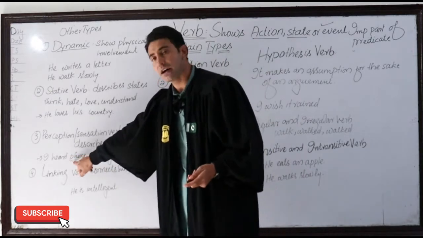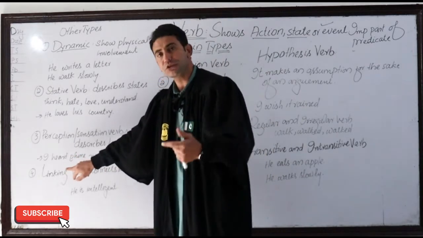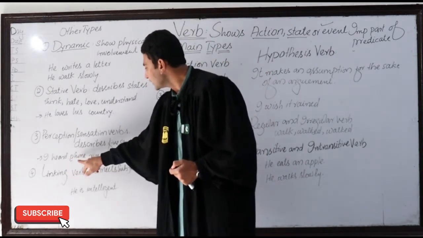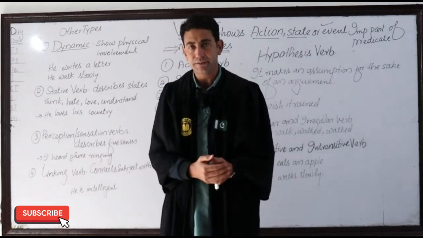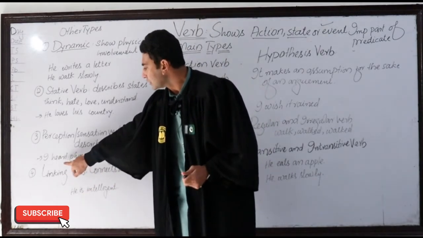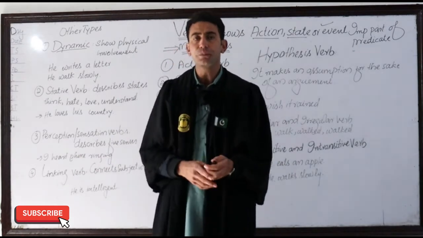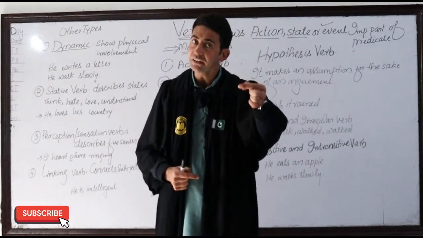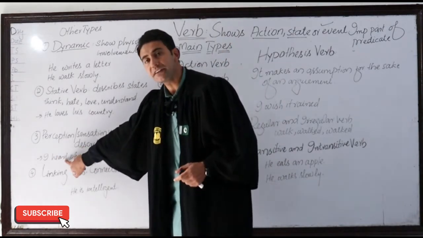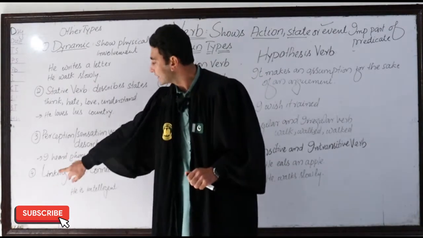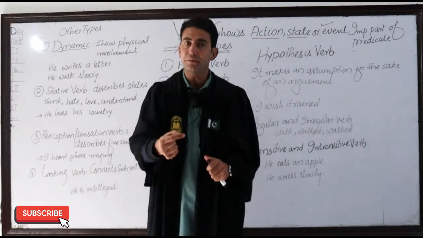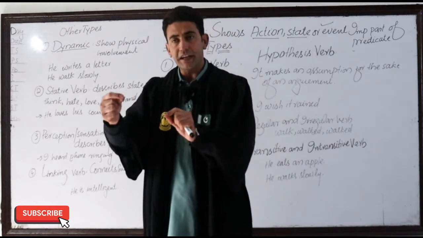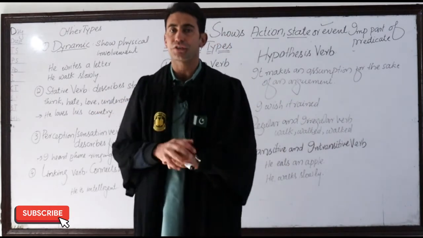Look at this example: I heard phone ringing. Now, the word heard refers to our sense of hearing. That is why it is a sensation verb. And, for example, the cake tastes delicious.